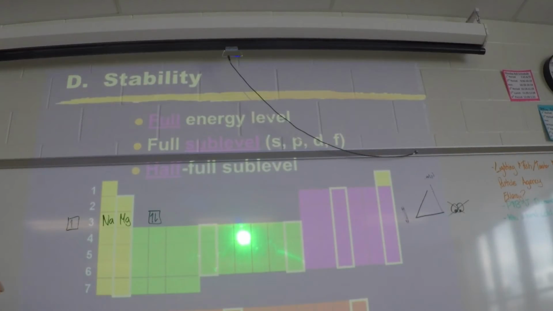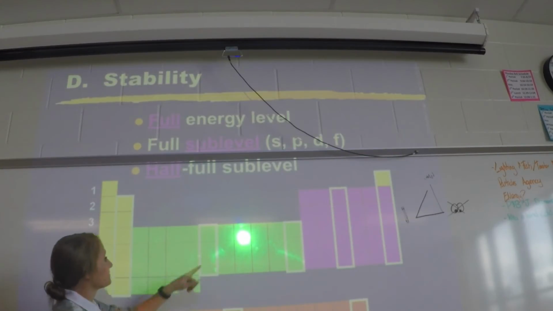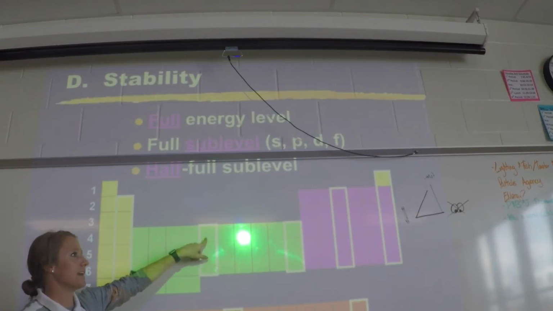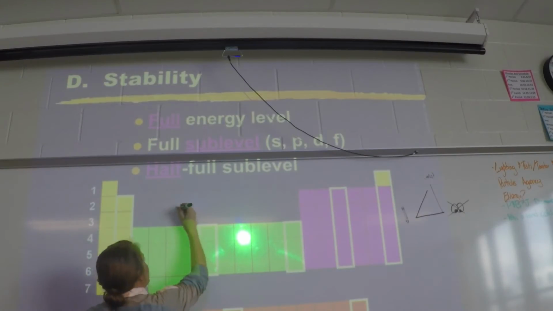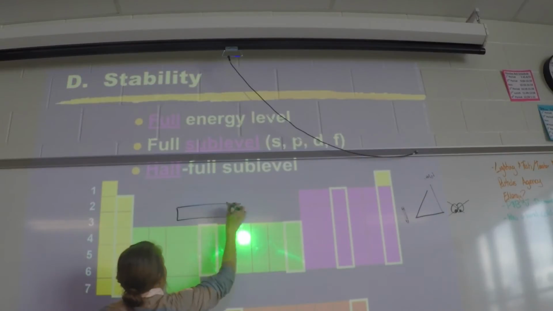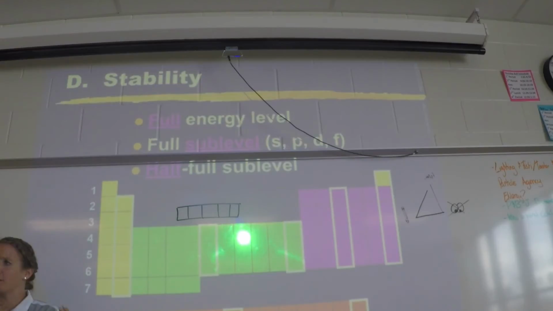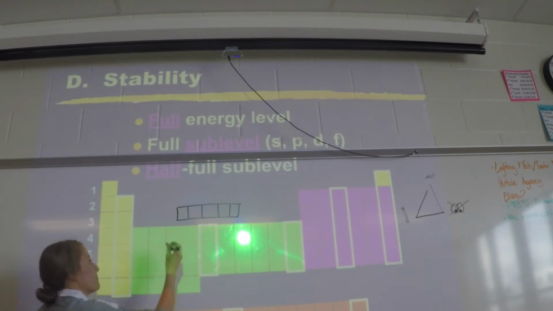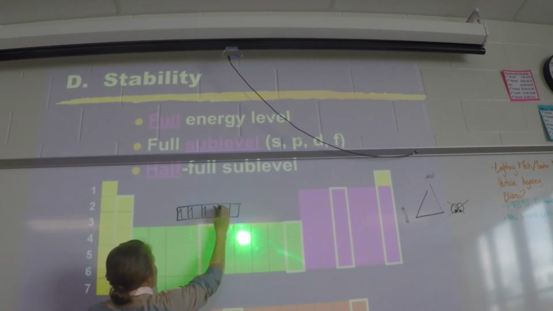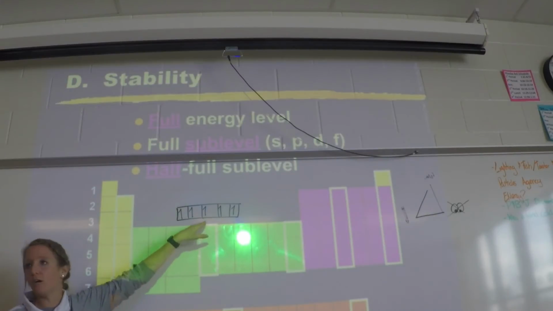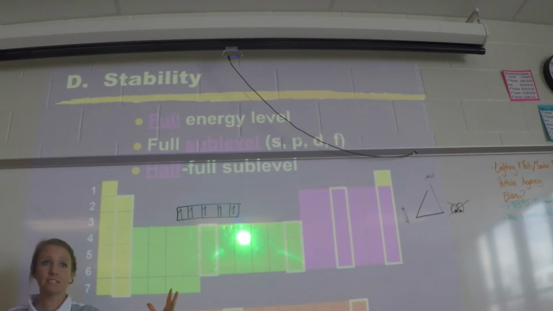The other type of stability we have is a half-full sublevel. What this means is that, if you look here in the D block, that would be iron. So iron has 5 electrons in the D, and how do I put those electrons in? Each in their own orbital, all pointing the same way. So this type of orbital also has a state of stability, being half filled.